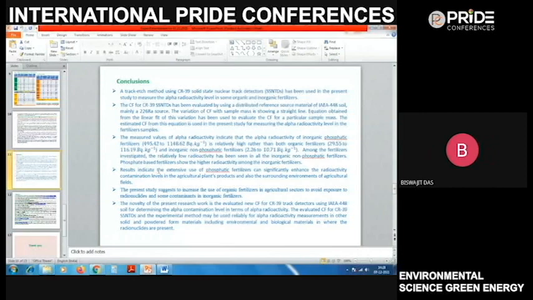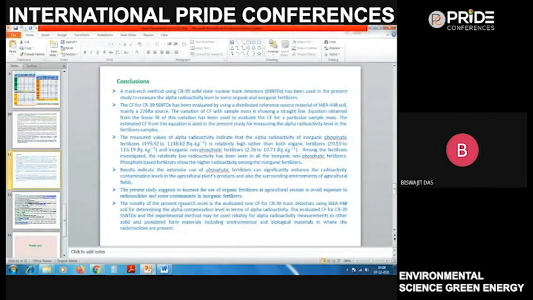Results indicate the extensive use of phosphatic fertilizers can significantly enhance the radioactivity contamination levels in the agricultural plant products and also the surrounding environments of agricultural fields. The present study suggests increasing the use of organic fertilizers in agricultural sectors to avoid exposure to radionuclides and some contaminants present in inorganic fertilizers.